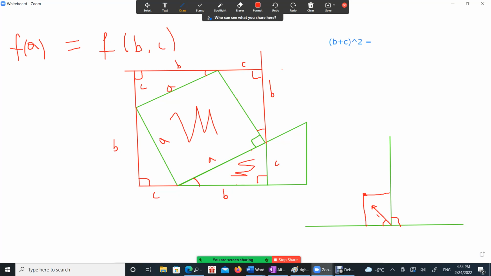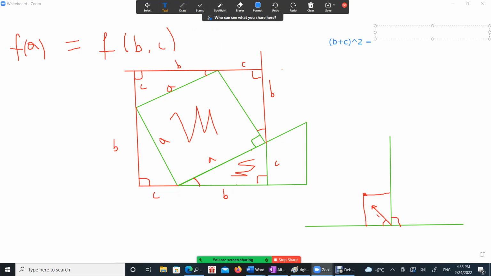To go again to the proof algebraically, the thing we're having here is the larger square of side B plus C having its components, the smaller inscribed square and right triangles. There's 4 of them.